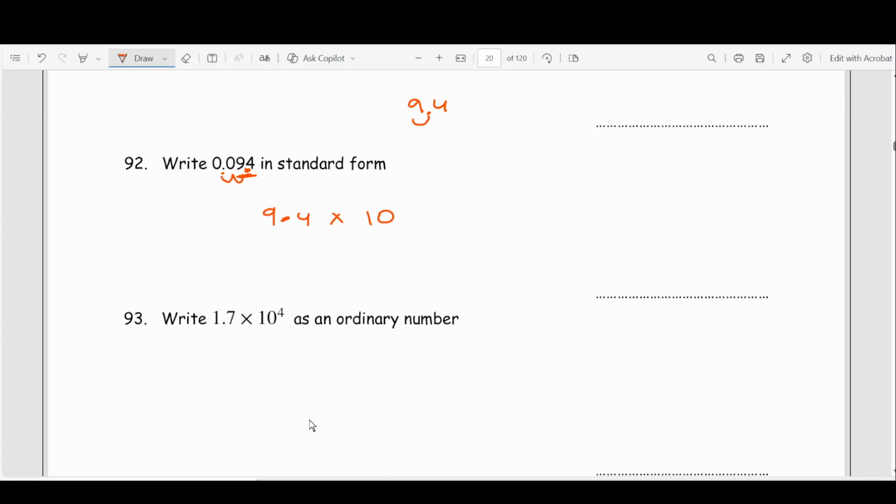So there are two digits, so this becomes 10 to the power negative 2. For example, if you have 0.00034, you write 3.4 times 10 to the power, because I put the decimal here, count 1, 2, 3, 4: 10 to the power negative 4. Why am I putting negative? Because this number is smaller.